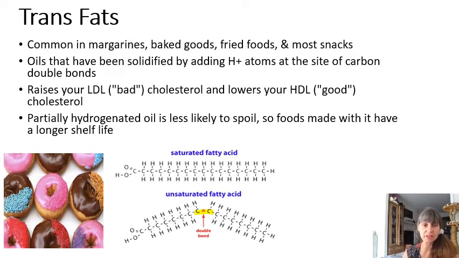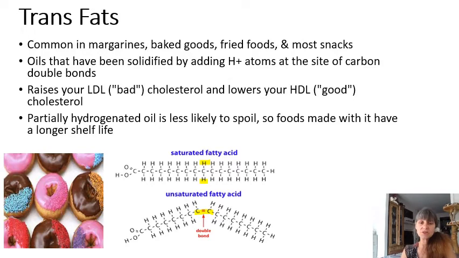That's another name for these. What manufacturers will do is they will apply heat to break the double bond and force hydrogen ions on that carbon where it did not normally exist originally.